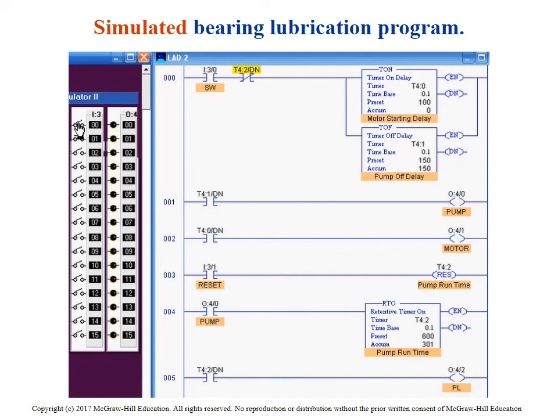That done bit is going to turn on, and then there's flipping it back again. And now they're monitoring the pump, how much time the pump has run all together. And when that reaches 600, of course, then that light will turn on at that point. And we're in business there.